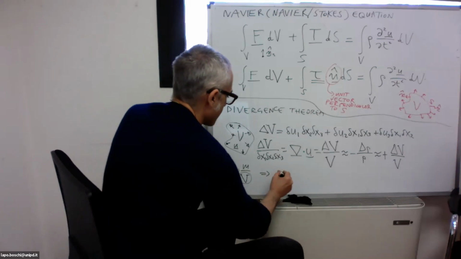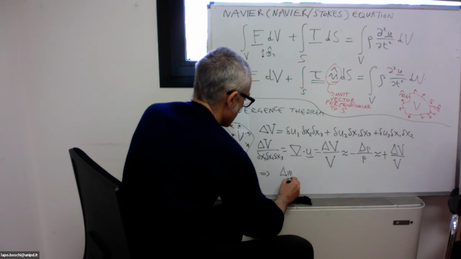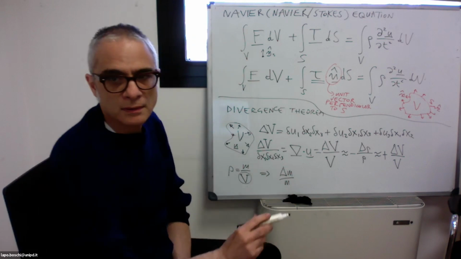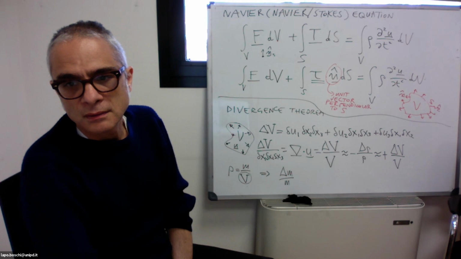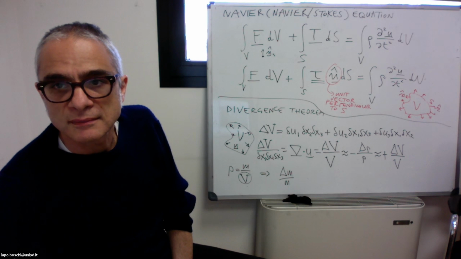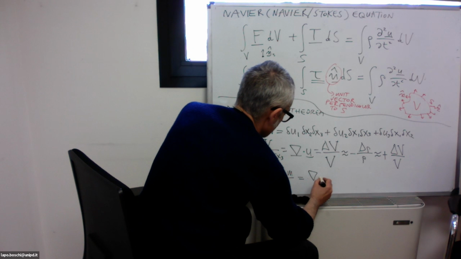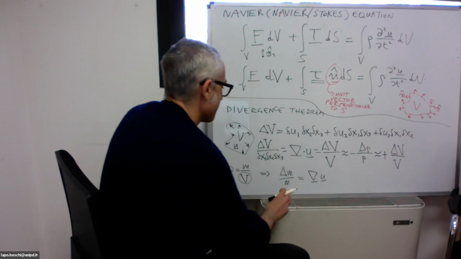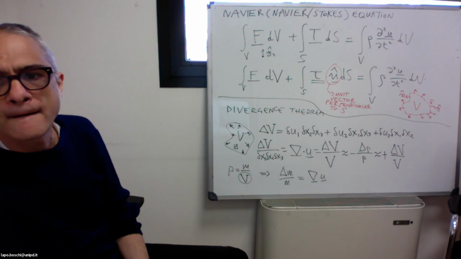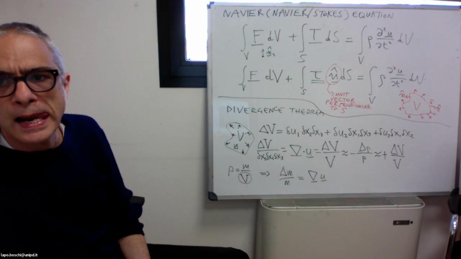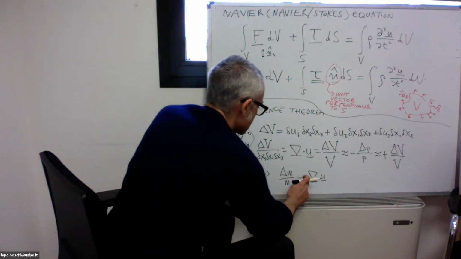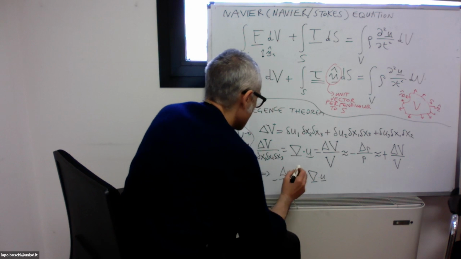Also, delta m over m is just proportional to the divergence of u. And of course with a minus sign.